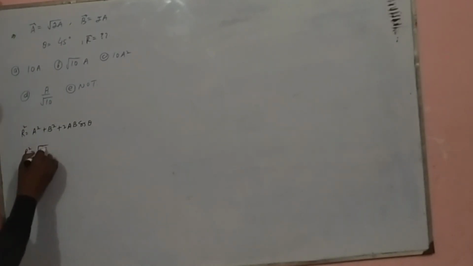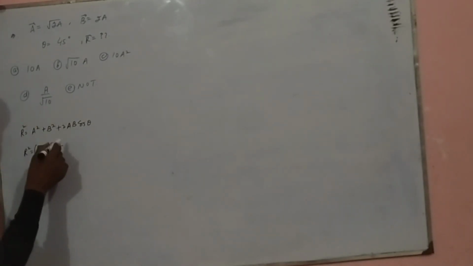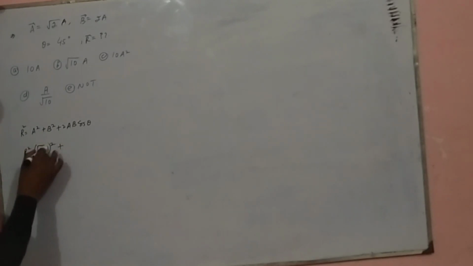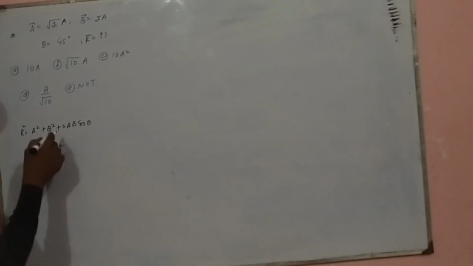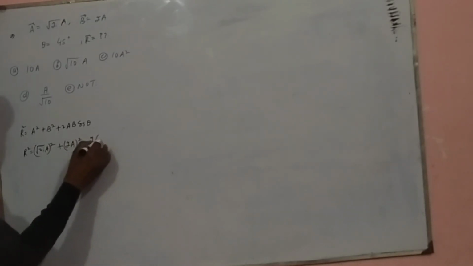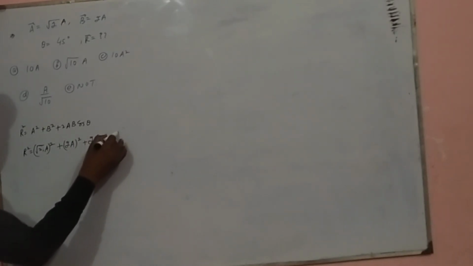So R square equals, what is A? A is under root 2a, and this is squared. Plus, what is B? B is equal to 2a. So R square is 2a square plus 2, and A is under root 2a and B is 2a again, cos 45 degree.